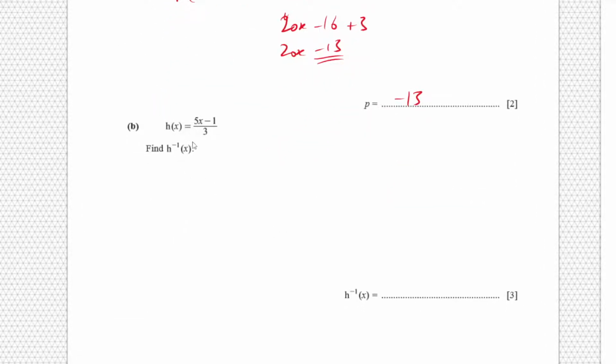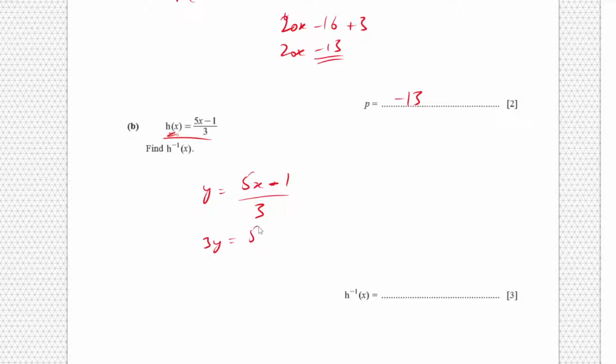Next, find the inverse of h of x. Well, temporarily we can replace h of x with y. Temporarily we can say y equals 5x minus 1 over 3. Now try to make x the subject. Multiply 3 on both sides.